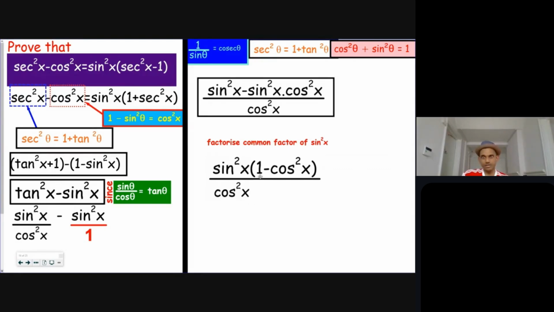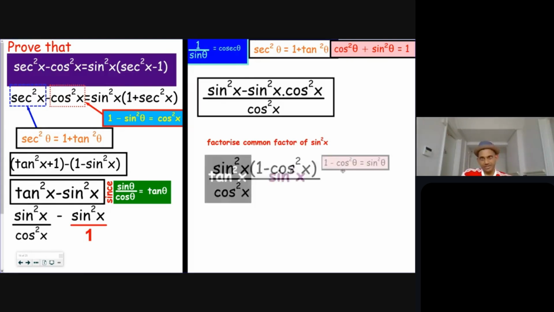And we have 1 minus cos squared, which is the sine squared. Yeah, so if I look at the pink one, and I subtract the cos squared, that gives me sine squared equals 1 minus cos squared. And then I've got the sine squared over cos squared. We know that is tan squared. Yeah, and I've written it that way, so you really want to be visualizing things that way.